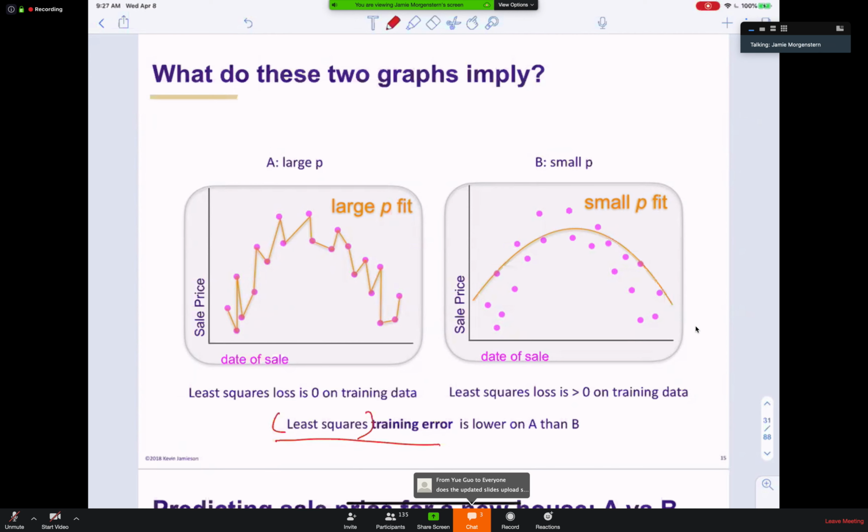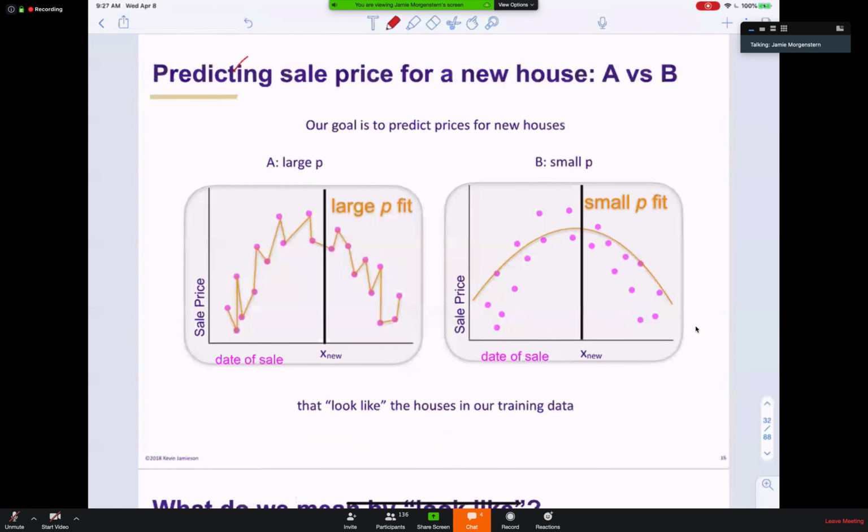Right, so if we want to talk about why B is better, B is this nice function that seems to be capturing a general trend in the data and not sort of jaggedly hopping from house to house, right? So a lot of the answers people gave suggested the thing that was really problematic about A compared to B was that we wouldn't have as much to be able to say about predictions that we're actually caring about, right?